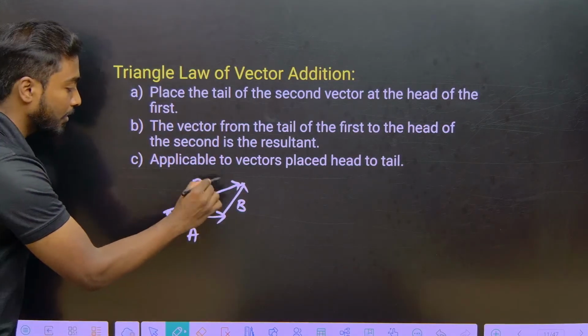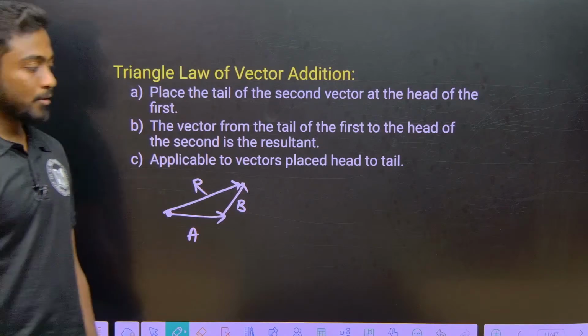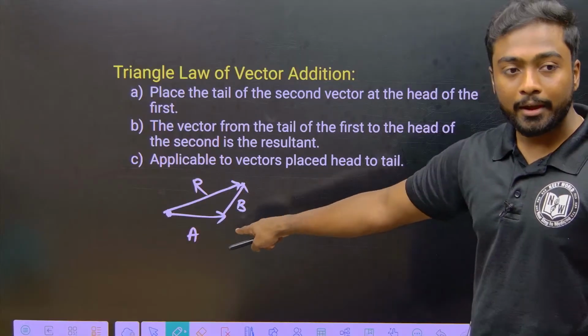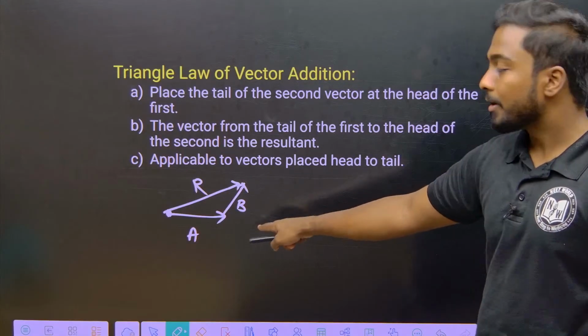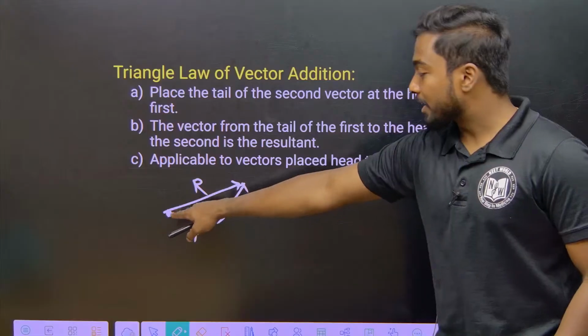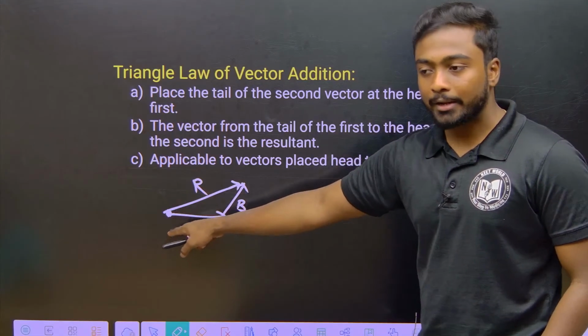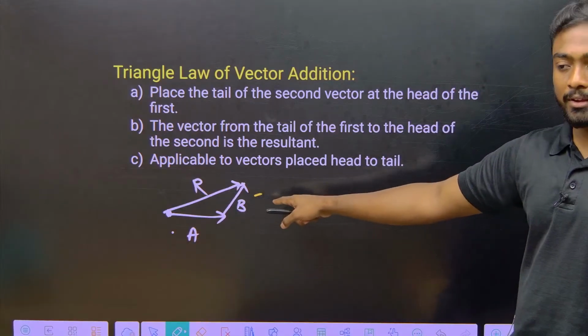So the first vector I keep as it is, and the second vector I place at the head of the first vector.